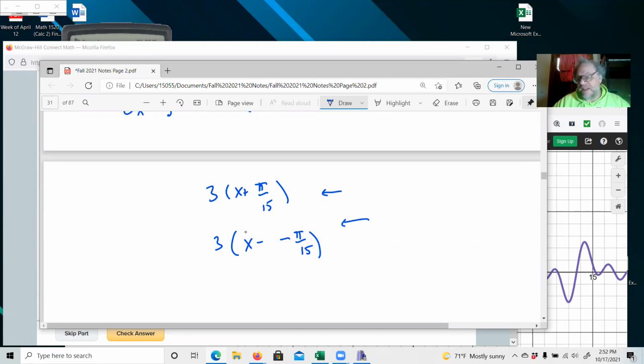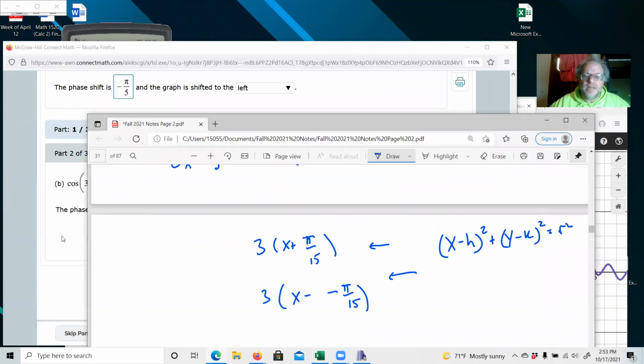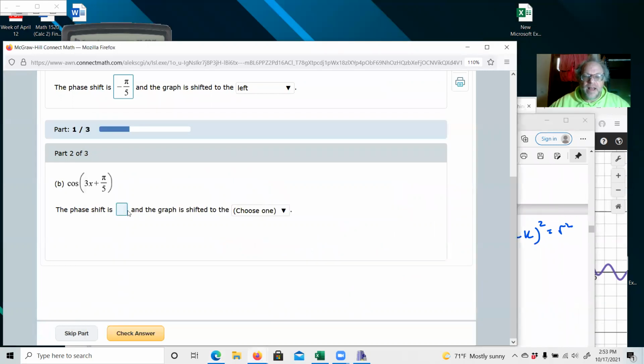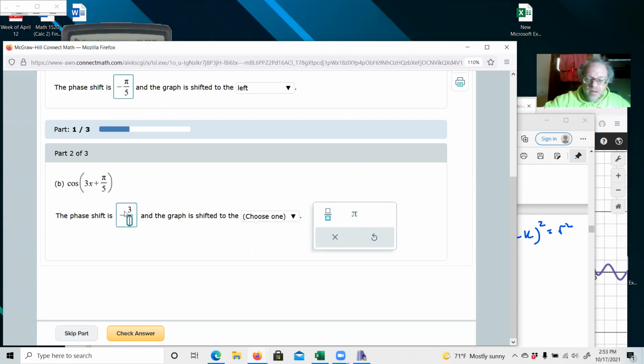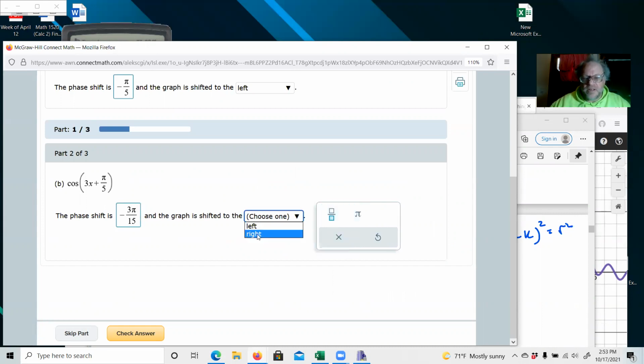But this negative has to be there, just like when we did circles: x minus h squared plus y minus k squared equals r squared. That's where that's coming from. So the phase shift is negative 3 pi over 15, and it's shifted to the left.